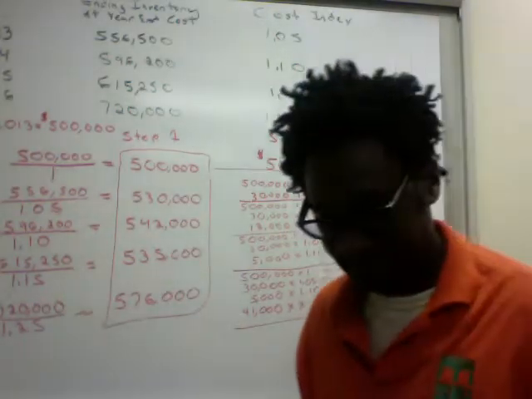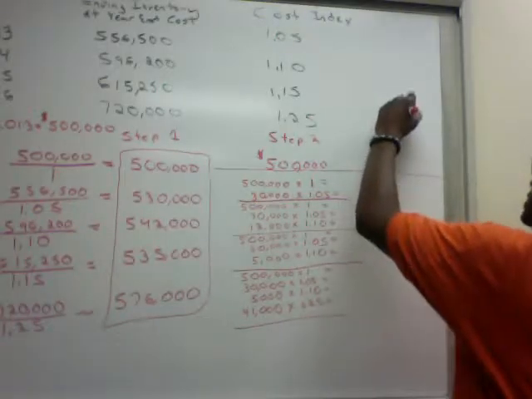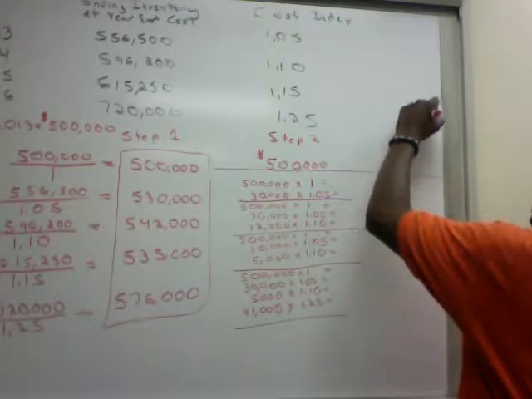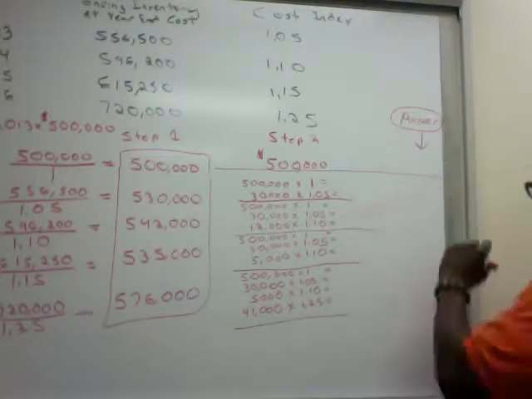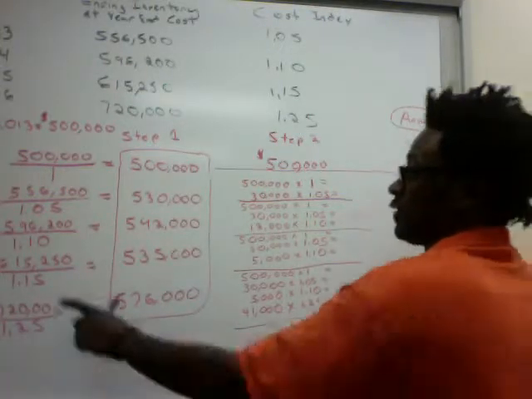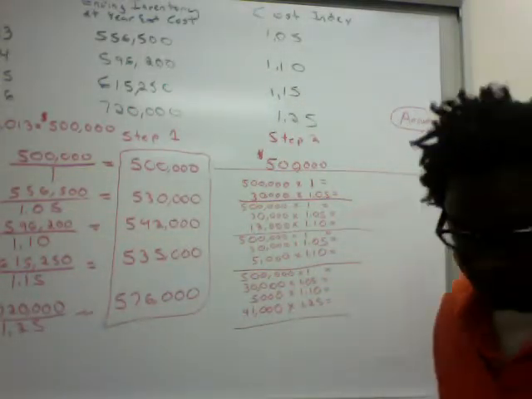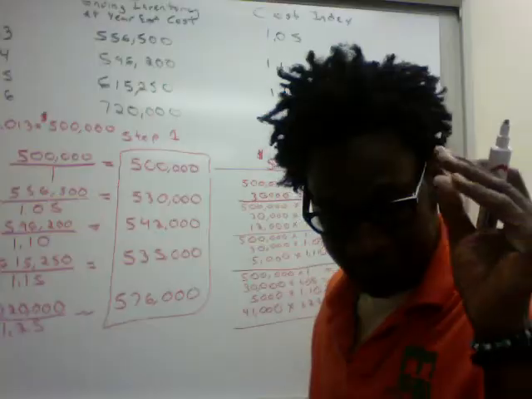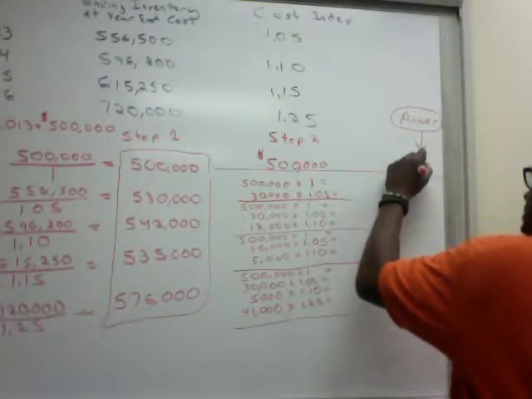Okay? So for the beginning of 2013, the ending inventory for dollar value is going to be 500,000.